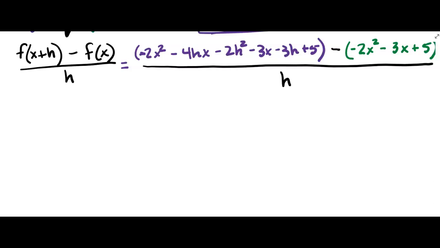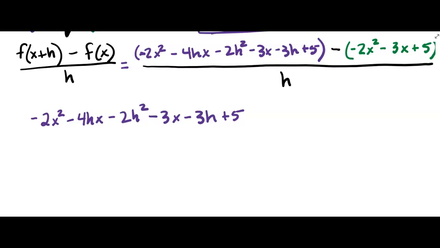Okay, so I'm going to rewrite it without parentheses. I'll keep the color for now so you can tell which is which. -2x squared minus 4hx minus 2h squared minus 3x minus 3h plus 5. And you don't have to do it this way. I'm just trying to make it really clear, like what I'm doing. Okay.